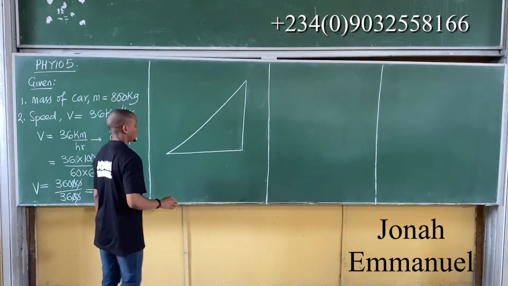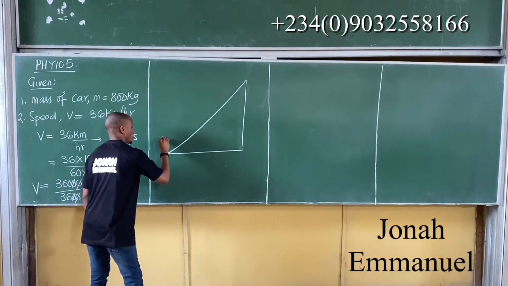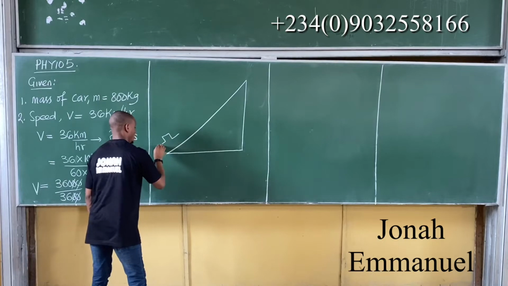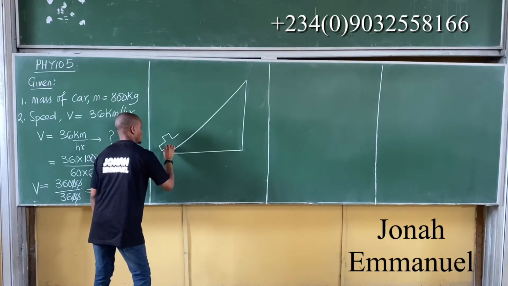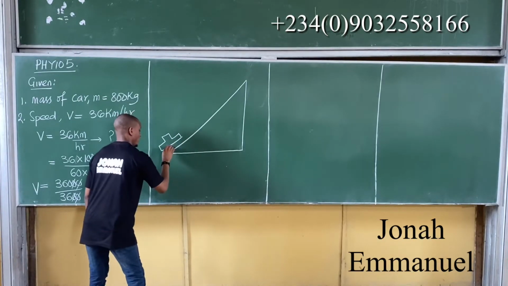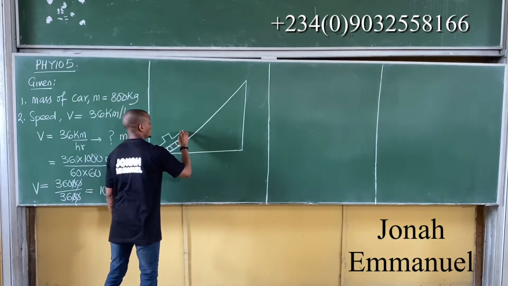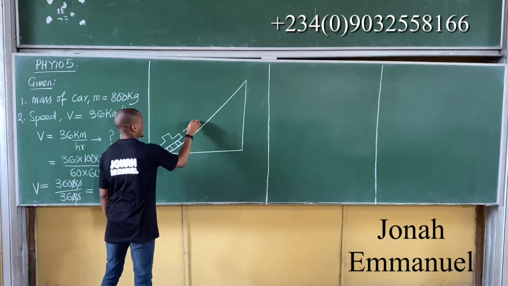Alright, so we said a car somewhere at this point is trying to move up an inclined plane. So here is the starting point of the car trying to move up an inclined plane.